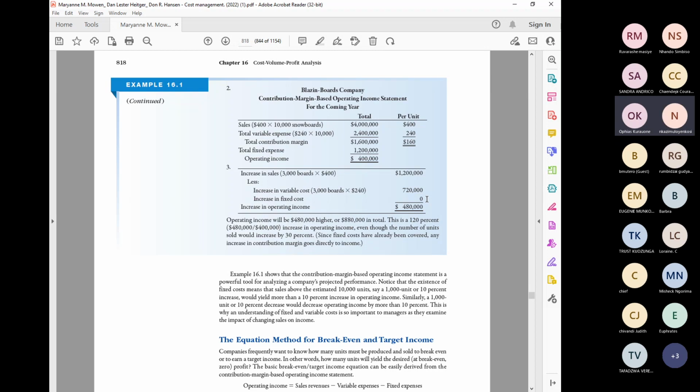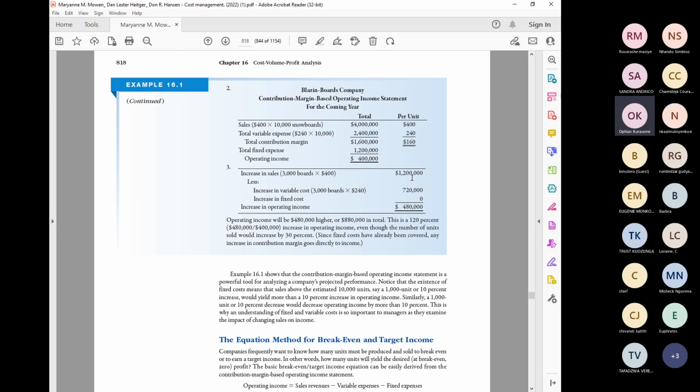Like what I previously said, the cost per unit is likely to reduce if we produce more. So fixed costs will remain constant. That's why there is a zero, they are constant. The increase in operating income will be 480,000.